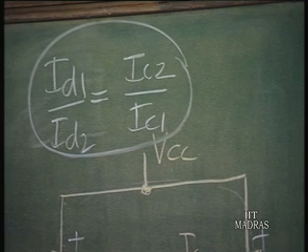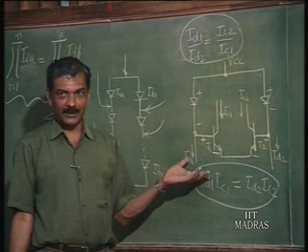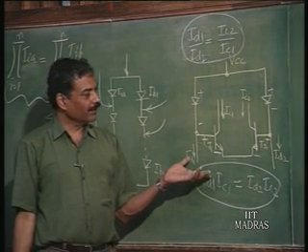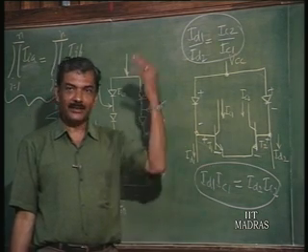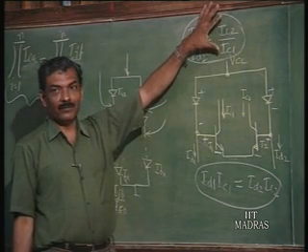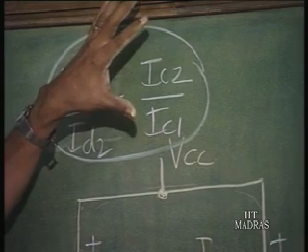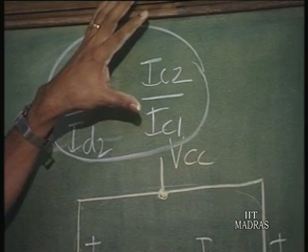This is valid over a wide range of variation of current, because this is not a small signal thing. We have assumed large signal property for the transistor, exponential relationship, and that relationship is valid for almost 6 decades of variation of current, and therefore, this is a very powerful signal processing aspect, which has been used in many applications of integrated circuits.